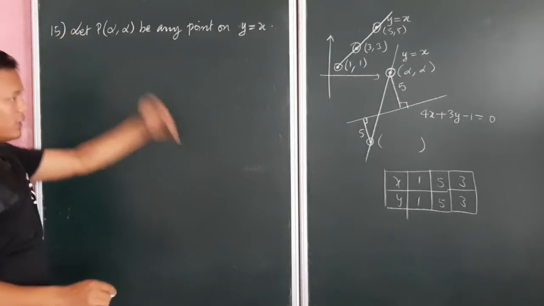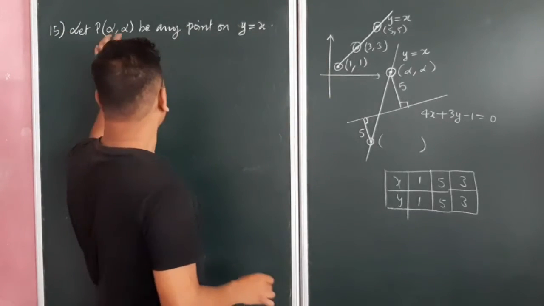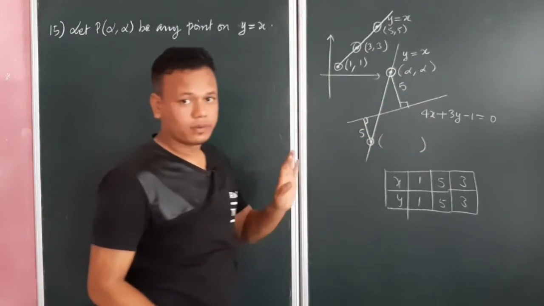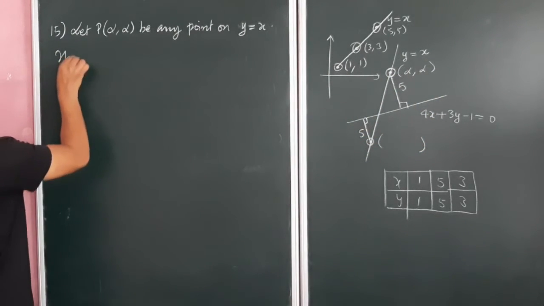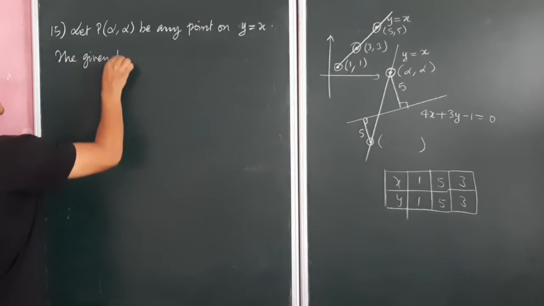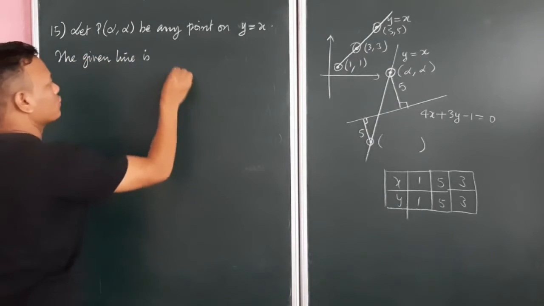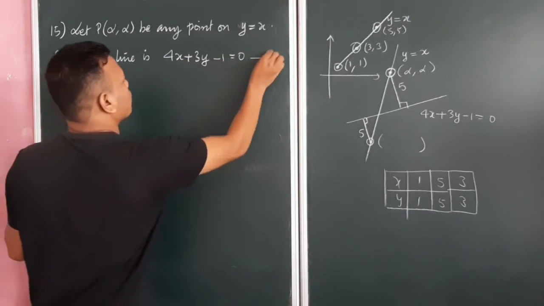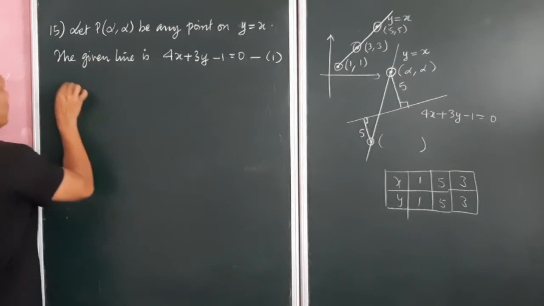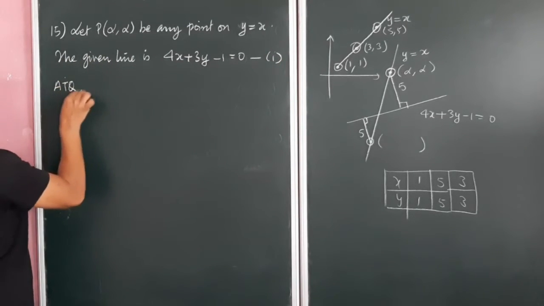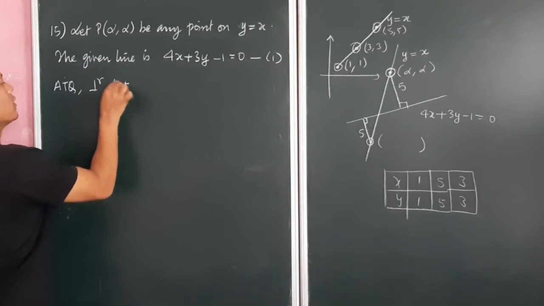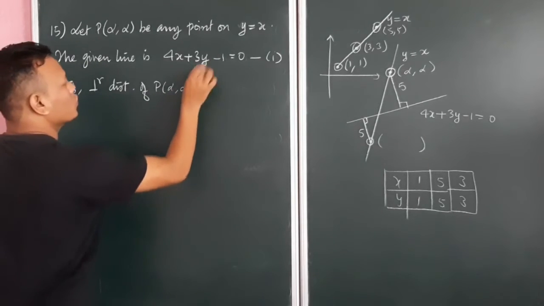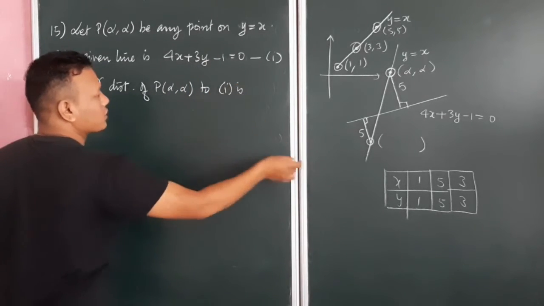Now the next thing given to us is that the perpendicular distance of this point alpha comma alpha to this line is 5. The given line is 4x plus 3y minus 1 equals 0. Let me call this equation 1. Now according to the question, the perpendicular distance of P alpha comma alpha to 1 is given to be 5.